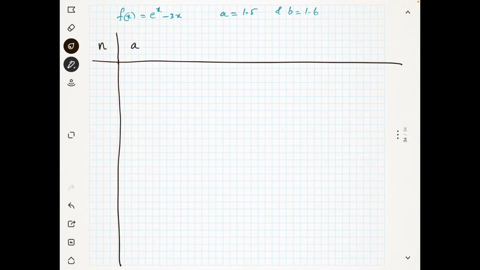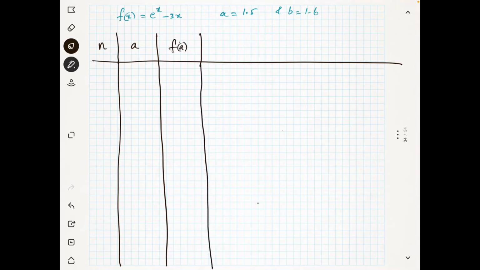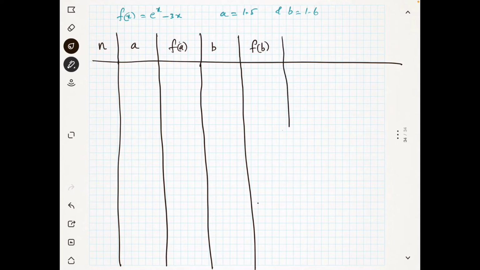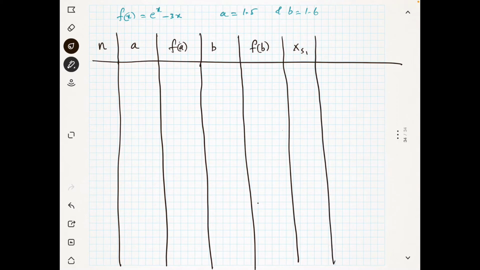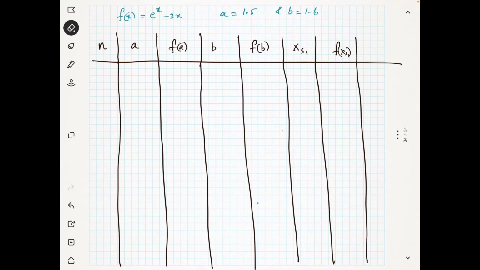So this is my A, then this is my B. Okay, I will find f of A here itself, f of A. Okay, now my B, then f of B, the new solution, xs1 is my new solution, f of xs1, then my error, epsilon or delta, you can use any notation.